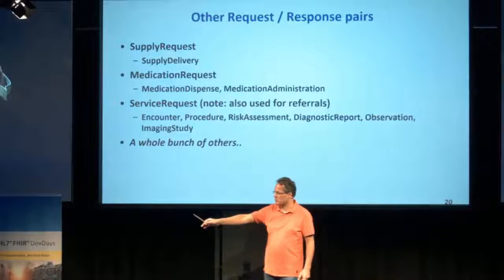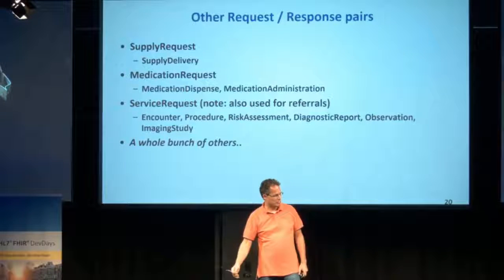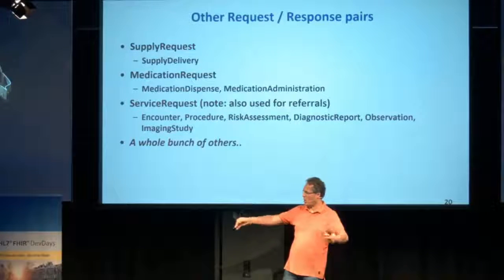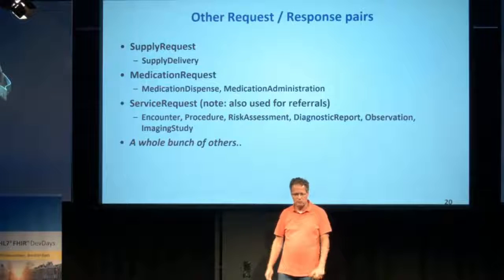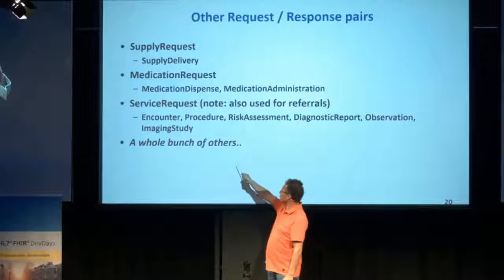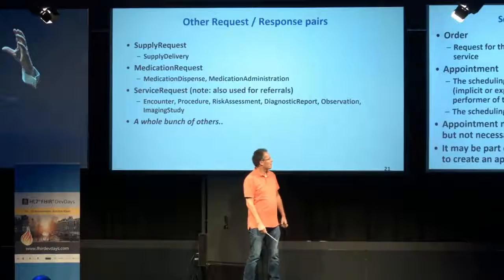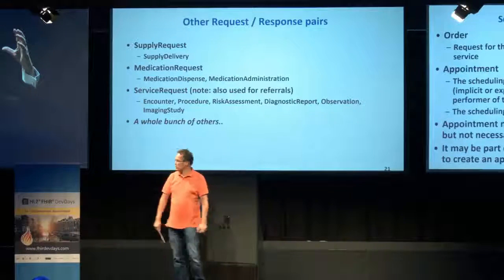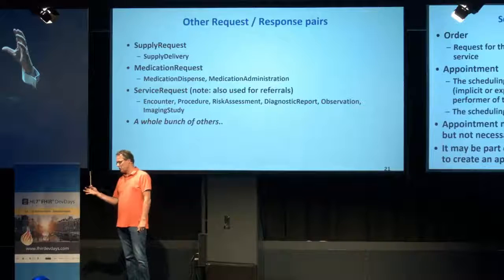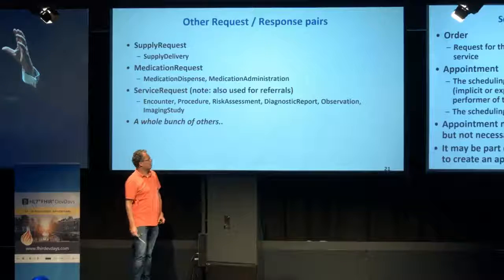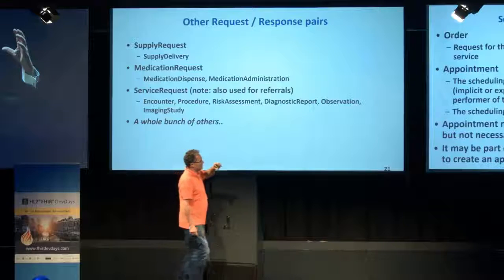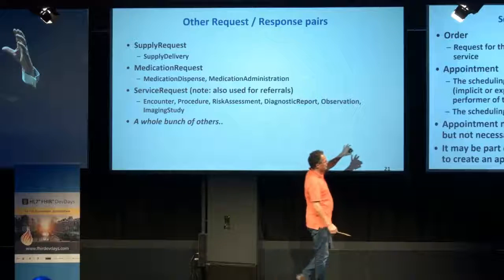And by the way, service request includes referrals. Okay, so then you already understand how wide-ranging this service request resource is. There's even a bunch of others, but I'm not going to talk about those. Okay? So what we have is a whole mechanism for dealing with the orders and the resulting events.